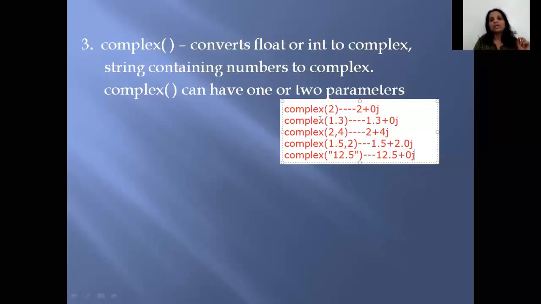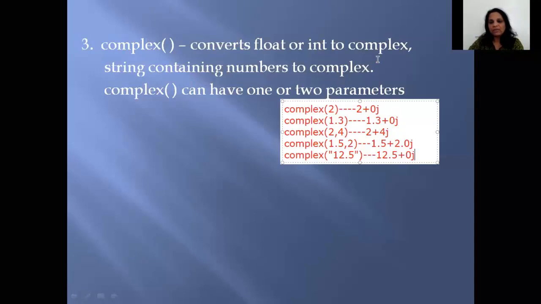So you can't write a "12.5" string, comma, another string or another number also. If the first element is a string, then you can only supply one element. But if the first element is an int or a float, you can supply the second element representing the imaginary part of the complex number. Clear?